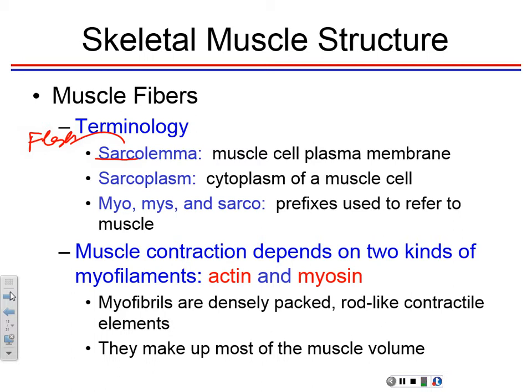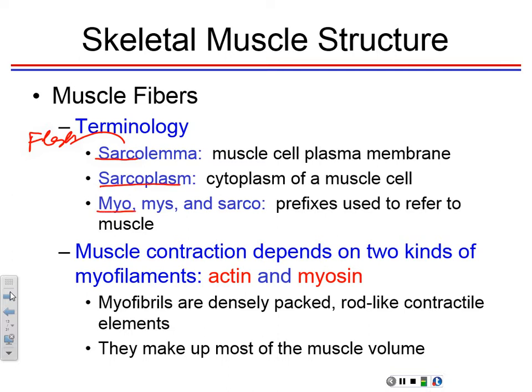The endoplasmic reticulum of a muscle cell is going to be called sarcoplasmic reticulum. The only thing that's kind of different is the plasma membrane of a muscle cell. It's called the sarcolemma. Again, the word sarco means flesh, which stands for muscle, and then of course sarcoplasm.